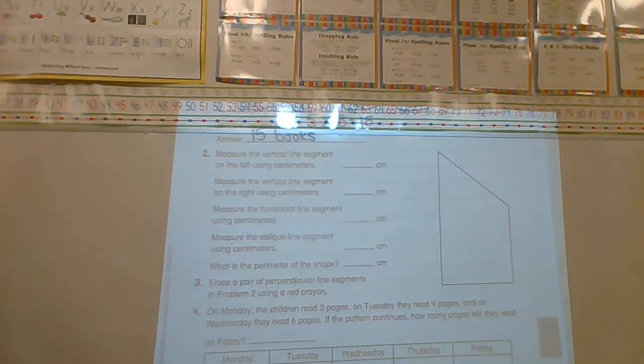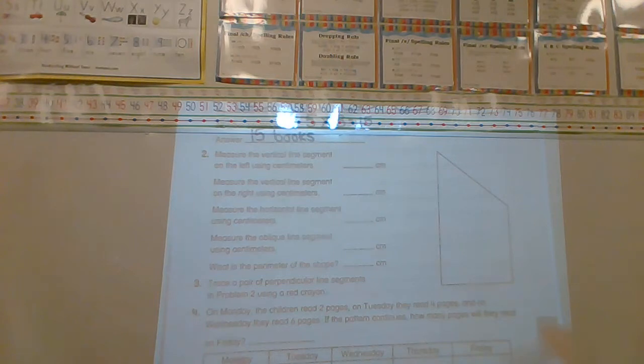All right, so if you don't have a red, you can just trace with a pencil. That's fine. But if you have your red close by, remember, if you're not sure, what do? That's right. The corner means perpendicular. That's a right angle. There's one. What if I slide it over here?